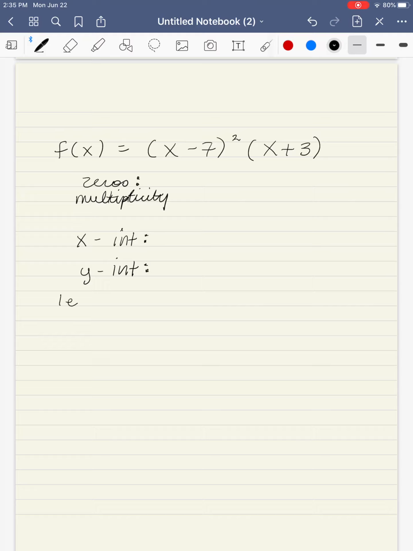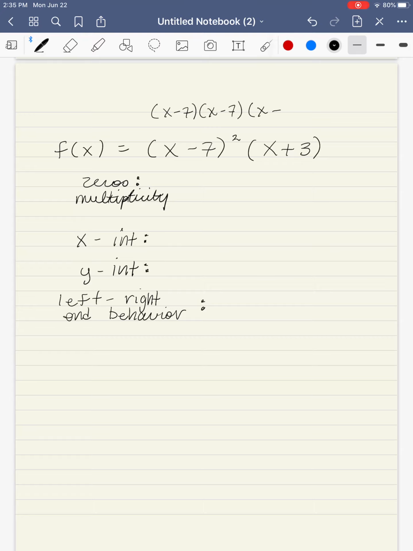Then we're going to find our x-intercepts and our y-intercept, we're going to look at our left, right, end behavior, and then we're going to graph it. So I want you to see what you can do here. I want you to find the zeros. Think about what your leading term would be to do your left, right, end behavior. If the zeros are real numbers, write them as ordered pairs, multiply out your constants, and find your y-intercept.